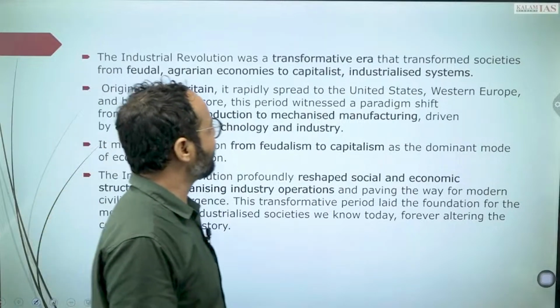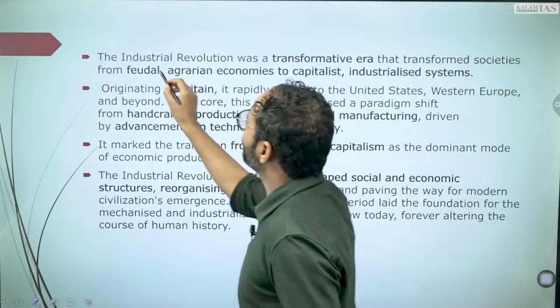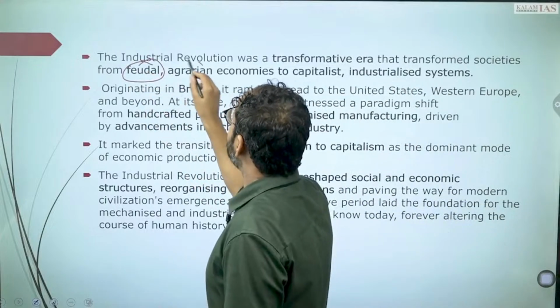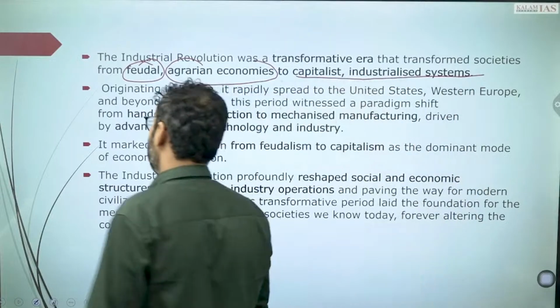So the Industrial Revolution was a transformative era that transformed the societies from feudal agrarian economies to capitalistic and industrial systems as we go along.